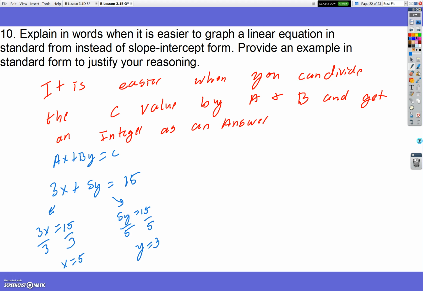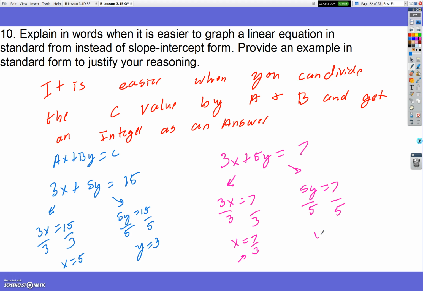Now, when it would not be more efficient, so in this pink color, let's say I have 3x plus 5y is equal to 7. And the two equations here would be 3x equals 7. So you divide both sides by 3 to get x equals 7 over 3. This for an x-intercept is very hard to graph. Also, if you have 5y equals 7, you divide both sides by 5 to get y equals 7 over 5.